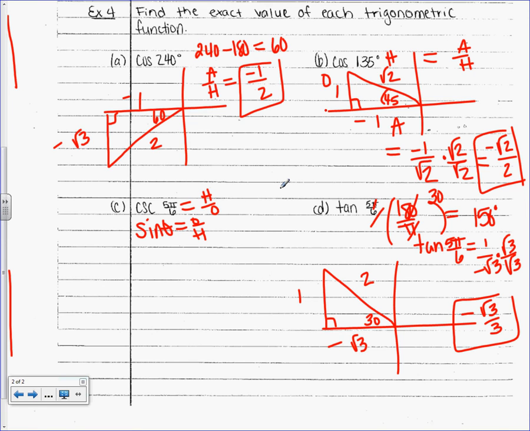What is the hypotenuse of the triangle? 2. What's the opposite of the 30? 1. 2 over 1 is 2. Sorry, guys. I was literally looking off into space. You said it right. Okay, good. In my head, it was wrong.